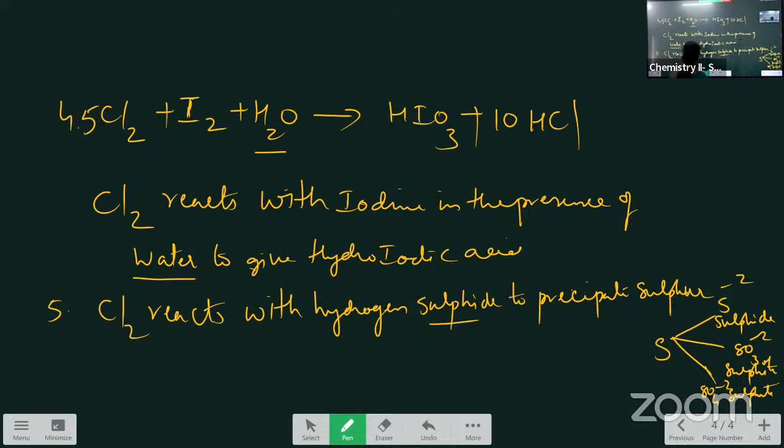So sulfide means S minus 2. So Cl2 reacts with H2S to liberate sulfur plus HCl. So 2 moles of HCl. So chlorine reacts with hydrogen sulfide to precipitate sulfur. So Cl2 is reacting with the H2S and liberating sulfur, and hydrochloric acid is given out.